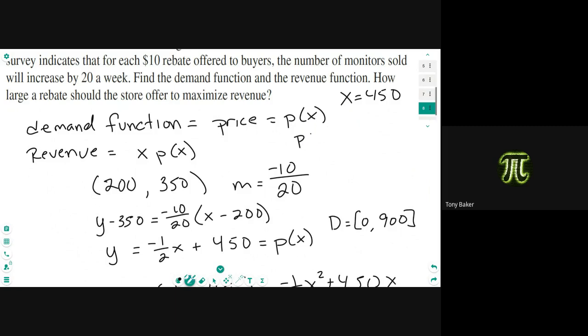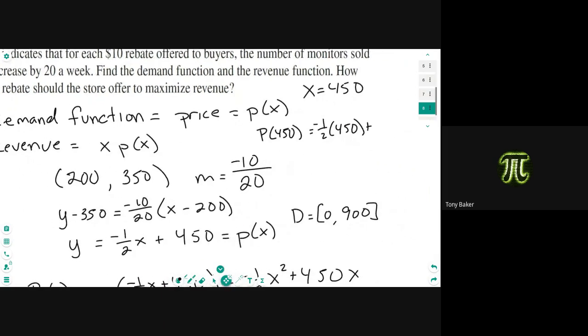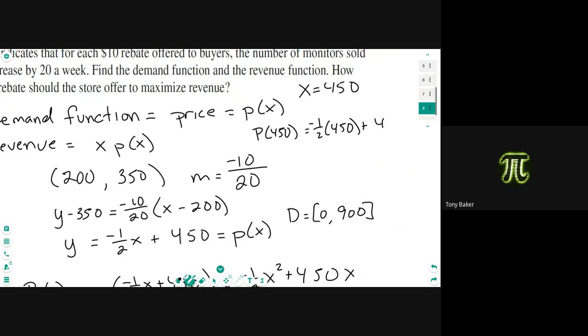So P of 450 is $225. So I should sell my TVs for $225.